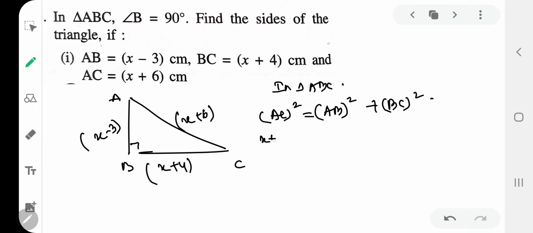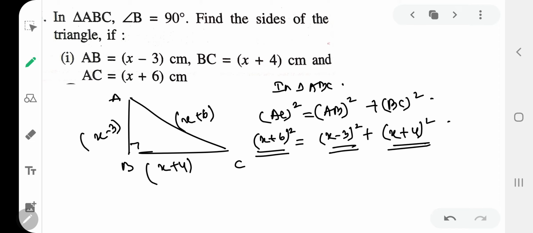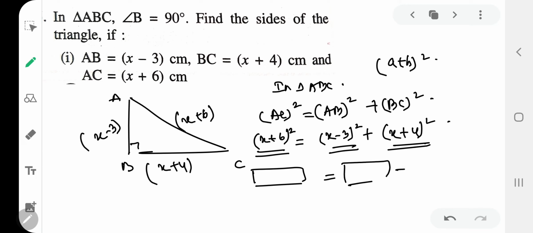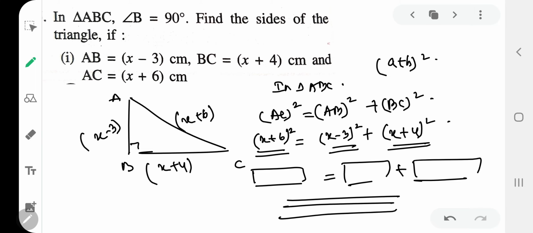AC square is x plus 6 the whole square, AB is x minus 3 the whole square, BC is x plus 4 the whole square. My dear kids, you know very well how to open these brackets. Identity you have to use, A plus B the whole square. Once you get the identity, you will open this entire stuff, take x terms together, x square together and solve the problem further. Clear?